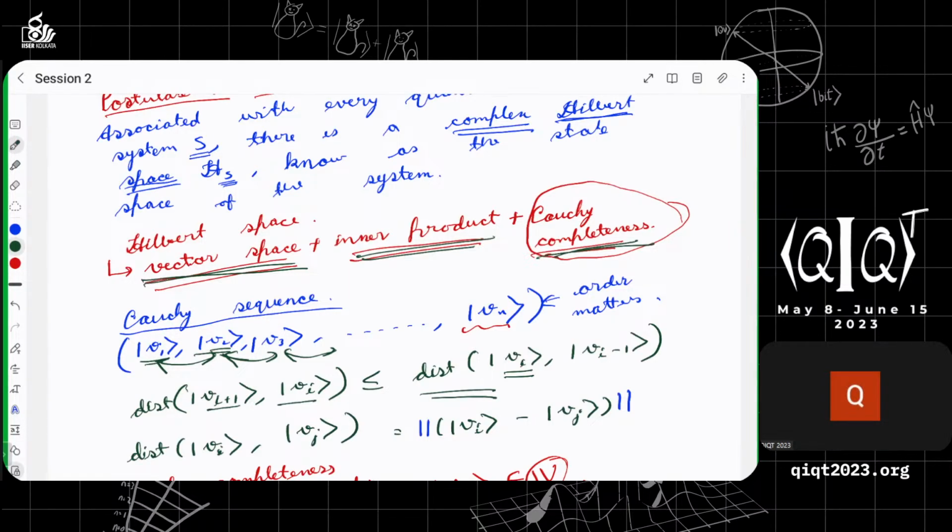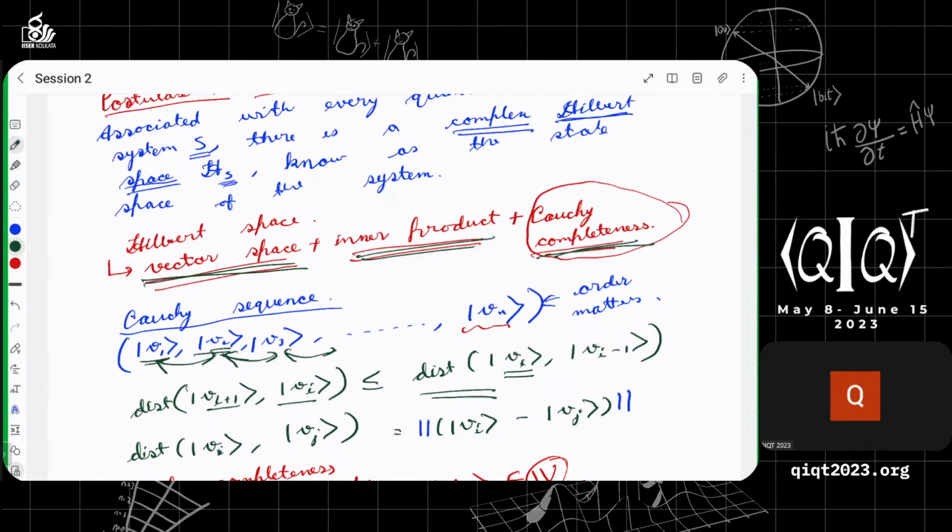Well, as we shall see in the next postulate, all the states of the system we will define as vectors in this Hilbert space. Since all the states reside in the Hilbert space, that's why it's quite important. Now if you're asking why we are sticking with Hilbert space, we could have defined some other kinds of space. I can't give the justification to you right now, but since it's a postulate, we generally don't question why.